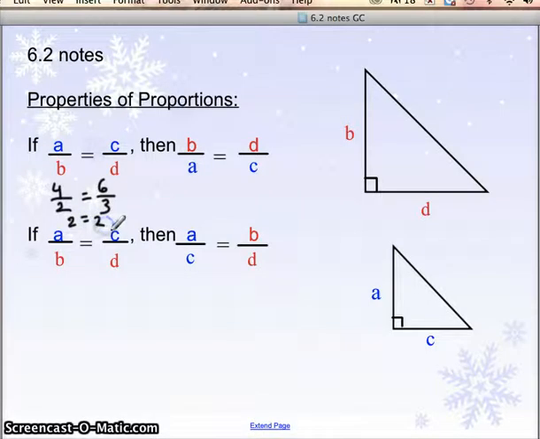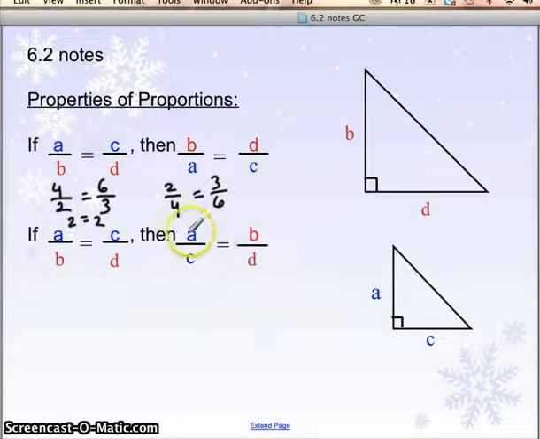It's equivalent. Okay, according to this property, I should be able to flip the fractions, and they should still equal one another. So now I'm going to flip, and the 2 is going to go on top, and the 4 is going to go on the bottom. And then I'm going to flip, and the 3 is going to go on top, and the 6 is on the bottom.